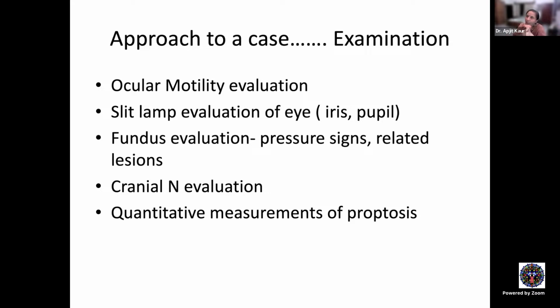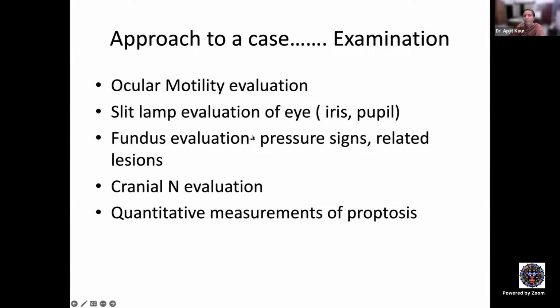So if vision is retained, axial proptosis is there, the pupillary reaction is present, and the tonometry is hard, it's likely to be a meningioma. If the vision is retained, the pupil is responding, but the tonometry is soft, it is likely to be a vascular or a lymphatic mass, right?